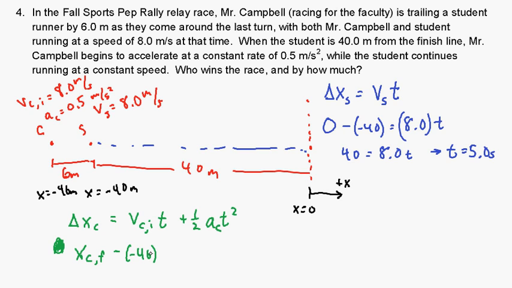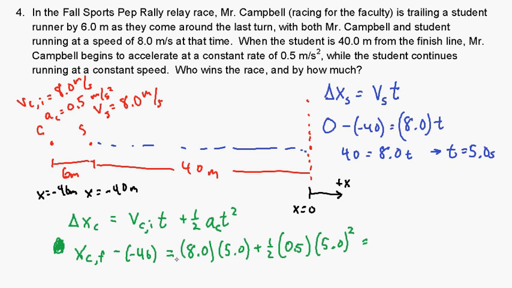So the left-hand side expands into x final for Campbell minus x initial for Campbell. That equals Campbell's initial speed, which is 8.0, times the time that passes, which is 5.0, plus 1/2 times Campbell's acceleration, which is 0.5 meters per second squared, times 5.0 seconds squared.